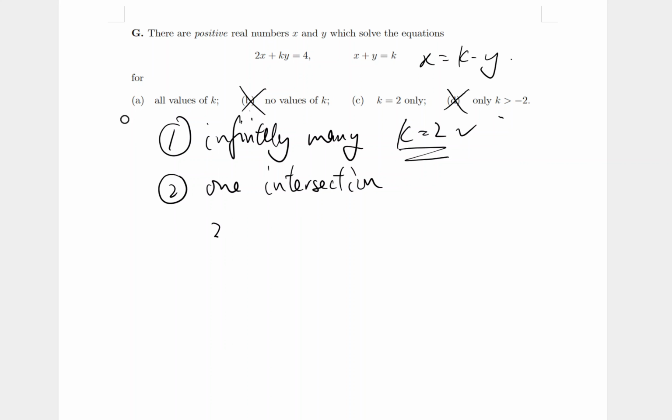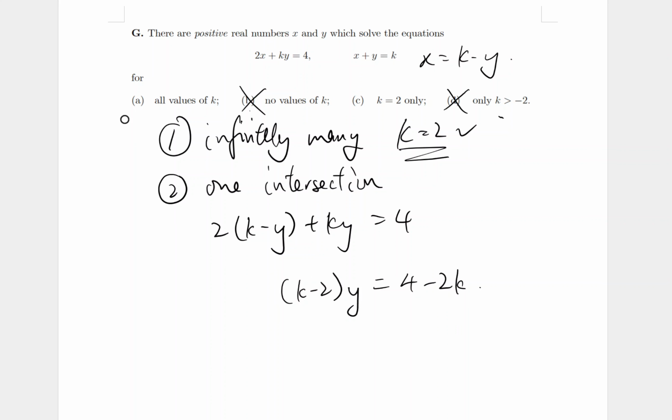So 2 times (k minus y) plus ky equals 4. Okay, well, it's not the hardest equation to solve on Earth, right? So 4 minus 2k equals (k minus 2) times y, just by expanding and factorizing, trying to make y the subject of the equation. Okay, so y equals (4 minus 2k) over (k minus 2).